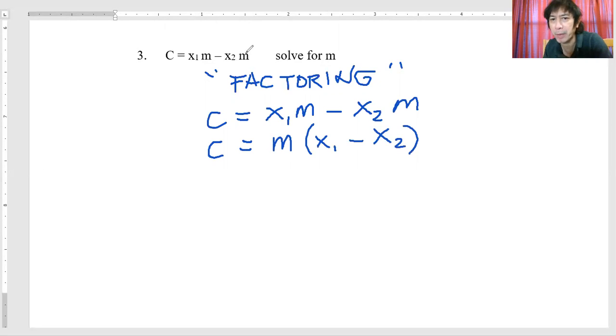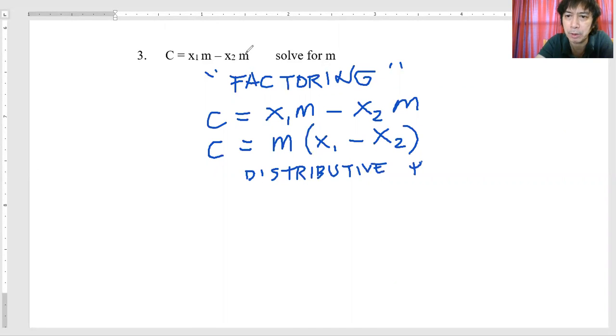Using the distributive property, because m times x1 minus x2 means x1m minus x2m. Remember distributive property?